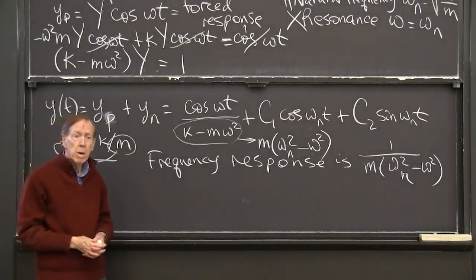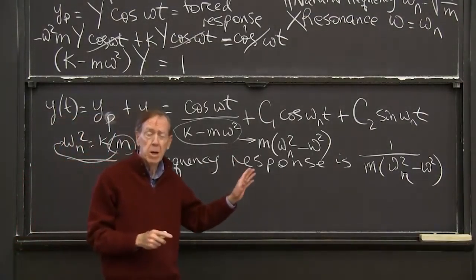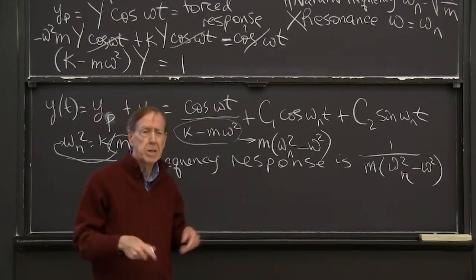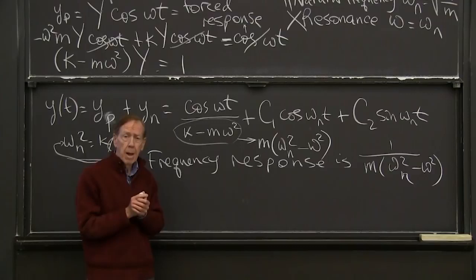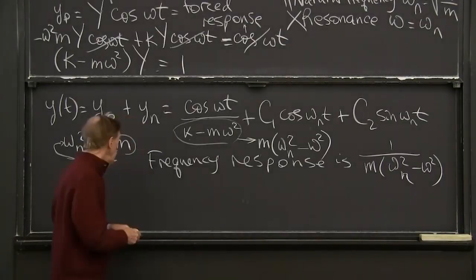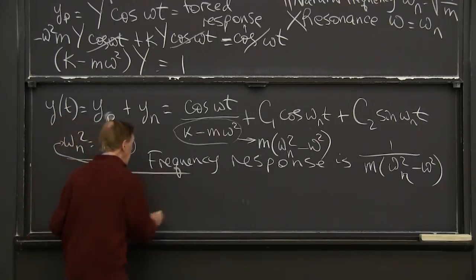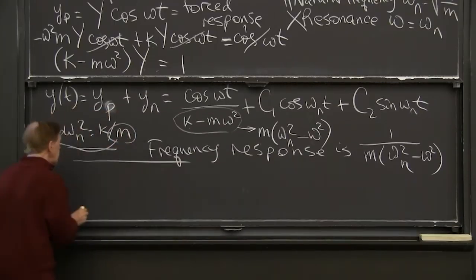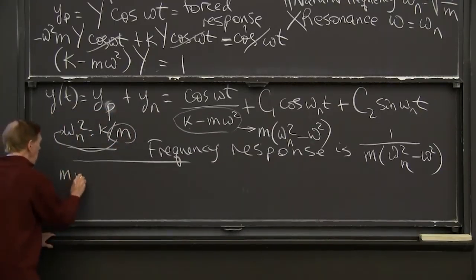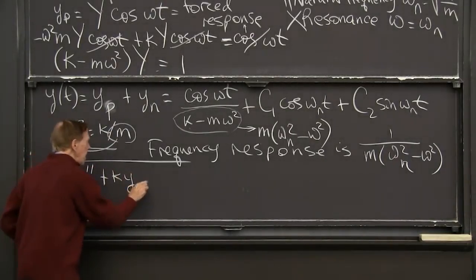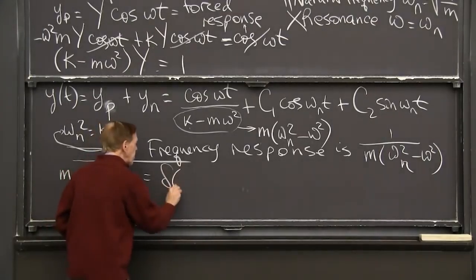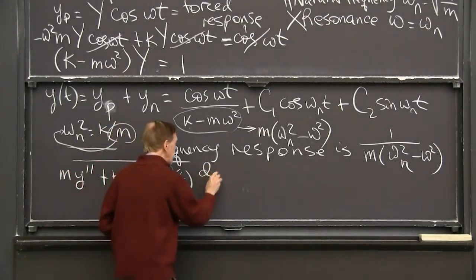There's one more equation, one more forcing term I'd like to discuss. And that is a delta function, an impulse. So I'm going to add one more example, m y double prime plus k y equal the delta function.